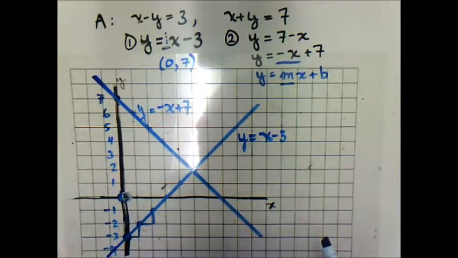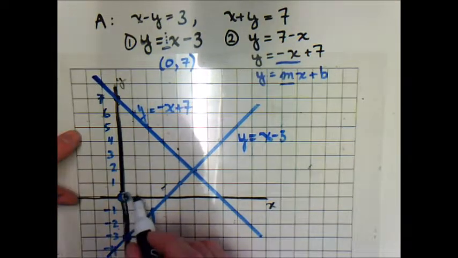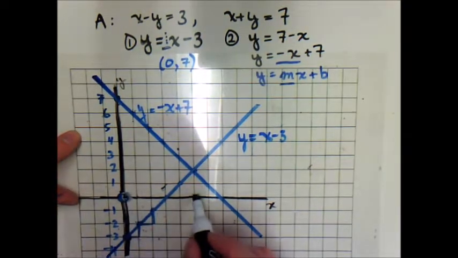And now we need to graph system B. Well, system B doesn't have very many options. X is going to be 5, and y is going to be 2. So 1, 2, 3, 4, 5.